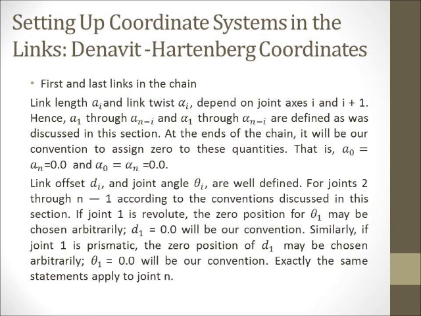For the first and last links in the chain, link length a i and link twist alpha i depend on joint axes i and i+1. Hence, a1 through a n-1 and alpha 1 through alpha n-1 are defined as was discussed in this section.